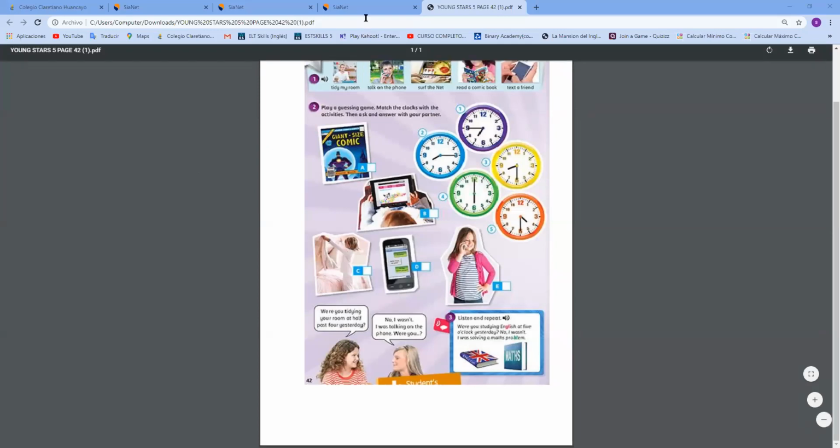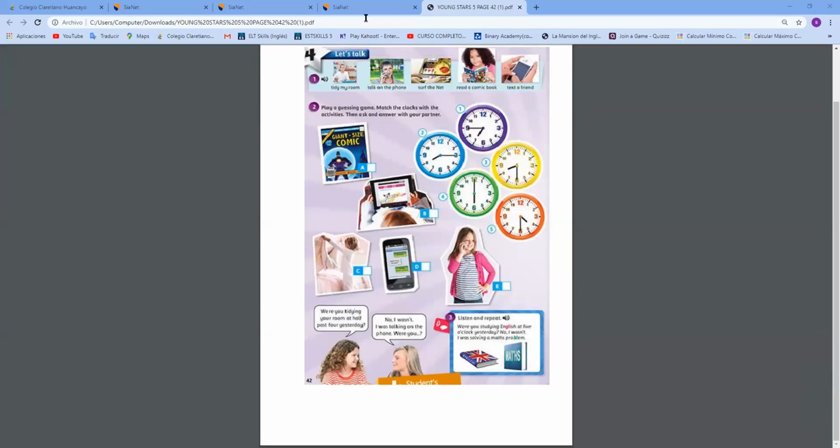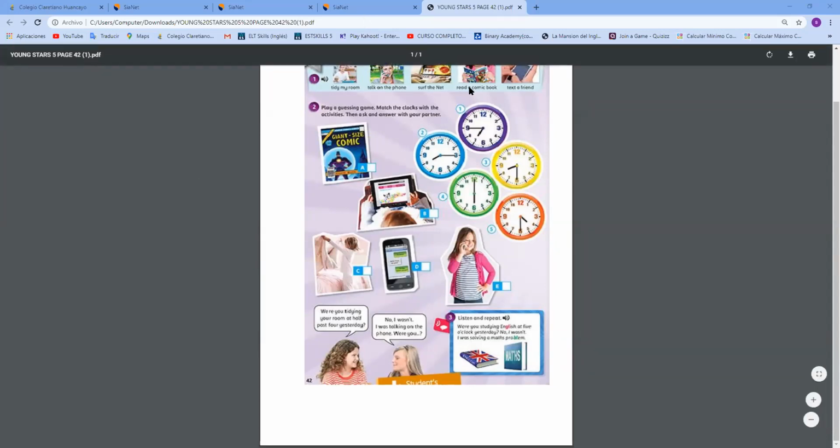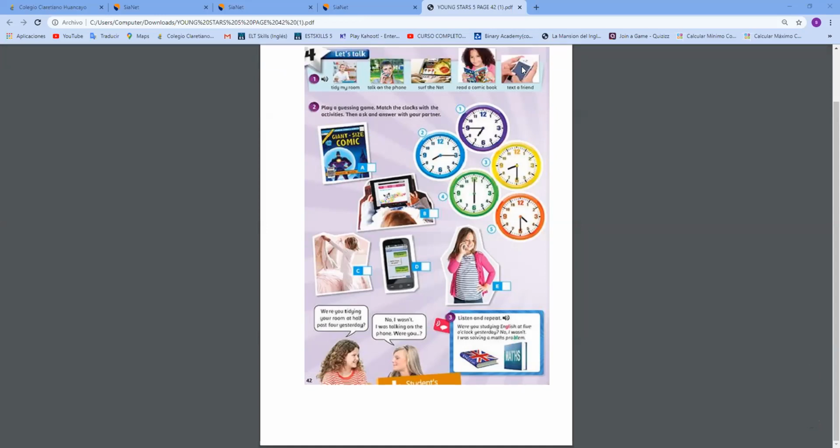Were you? No se te escucha. Ay, perdón. No, I wasn't. I was surfing the net. Were you? Ya, ahora tú me preguntas a mí, ¿no? Sí. Okay. Were you surfing the net at 6 o'clock? No, I wasn't. I was in my room. Were you?